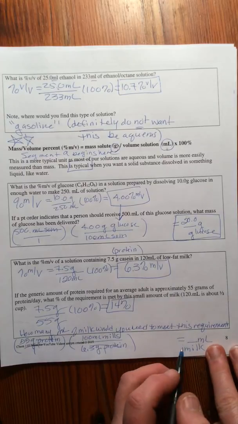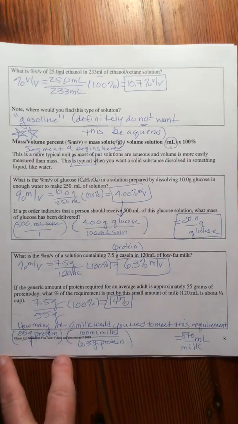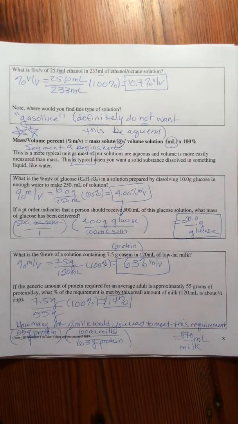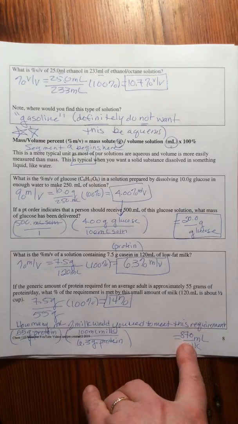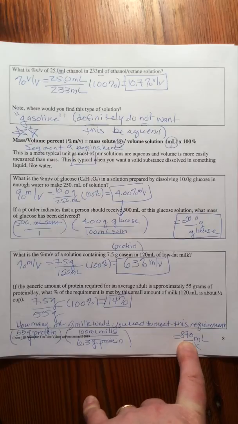When we do that, we get 870 milliliters of milk, which, granted, is a lot. That's about 3 quarts. That's a lot.